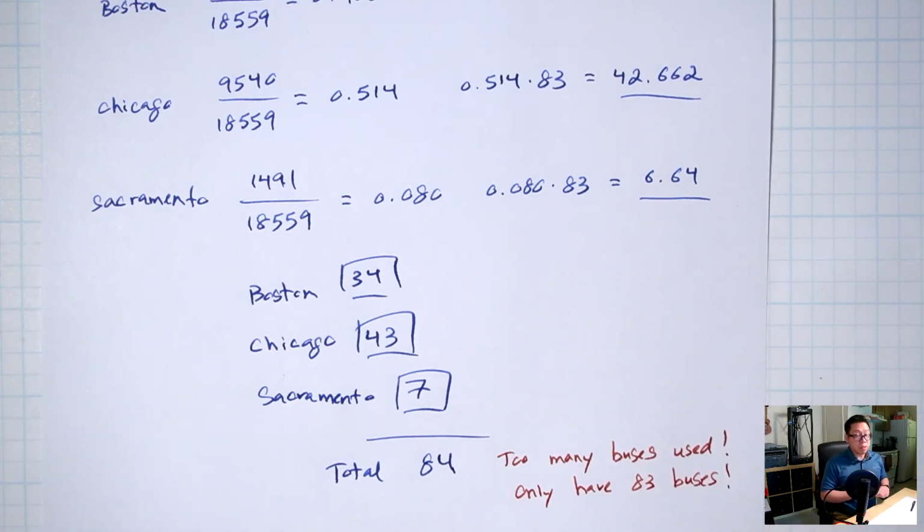We only have 83 buses. These numbers tell us we're using 84 buses, which means we have to take away a bus from somebody.